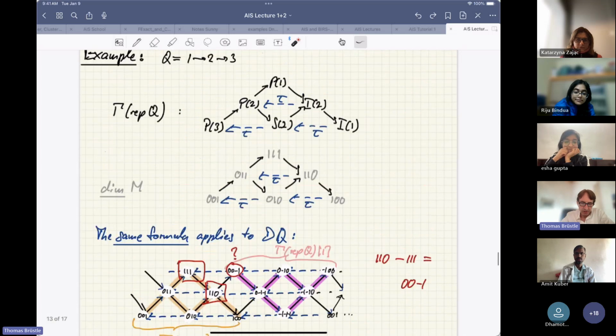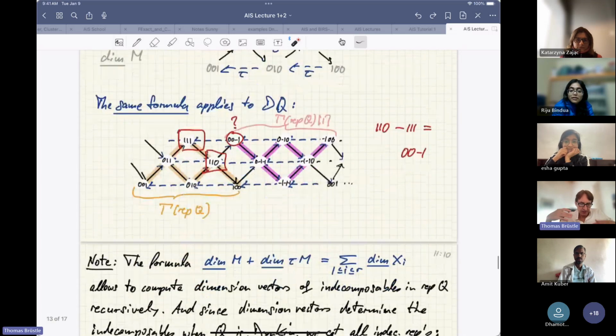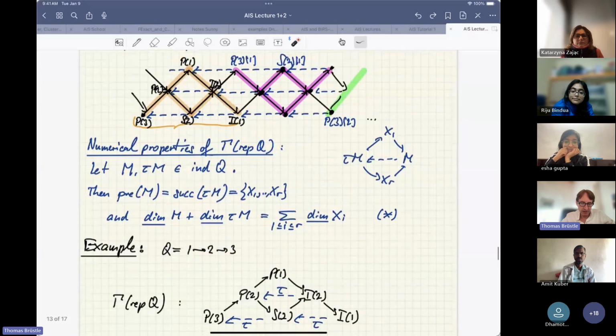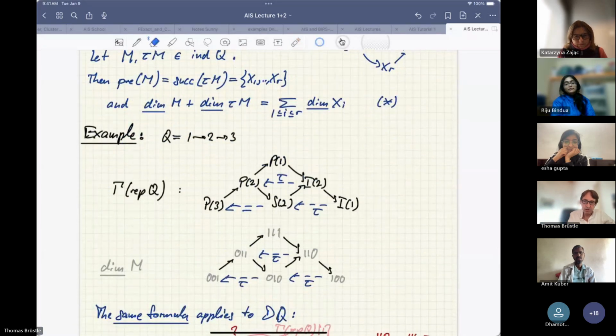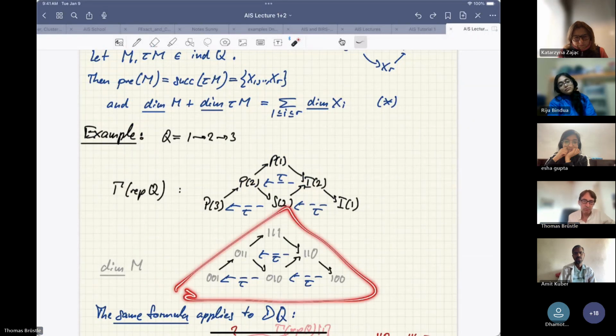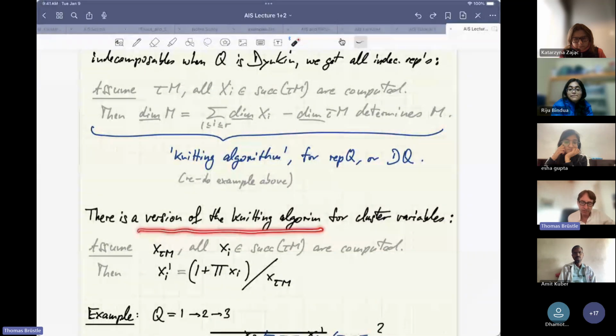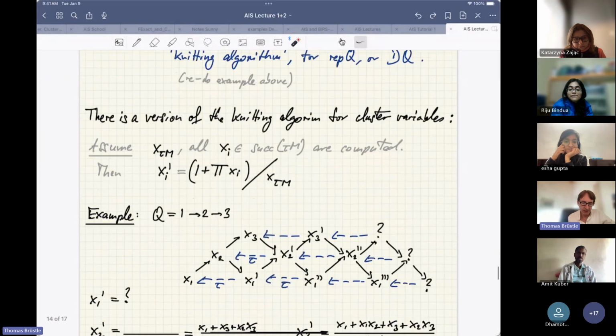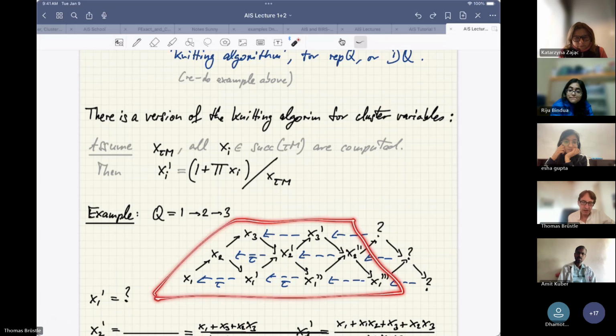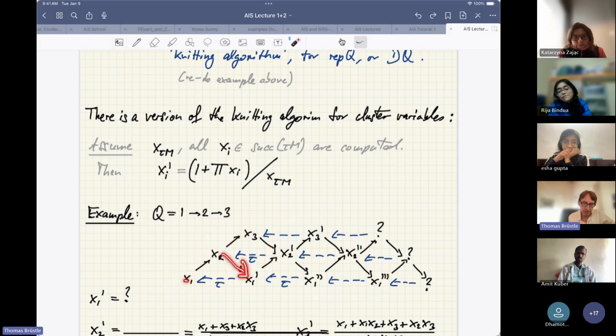I would like to tell you what we do next, and then I stop. By this knitting algorithm, we know how to produce all those indecomposables. Next, I want to tell you there's a corresponding version of the knitting algorithm for cluster variables. In fact, you can compute the cluster variables in that example using a similar knitting formula where you look at ingoing arrows. If you know these two, you can compute the third one.